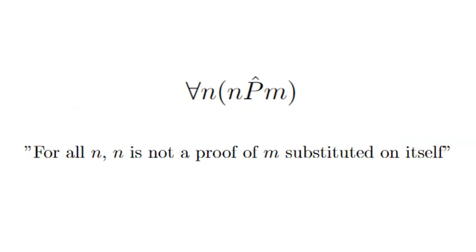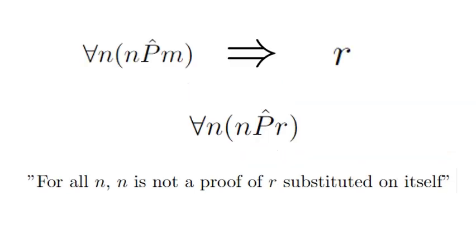Let's call it r and get it inside. So now we have for all n, P hat r. There is no proof of r substituted on itself, which is r substituted on itself.